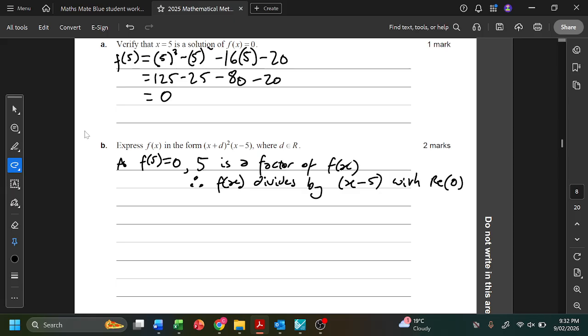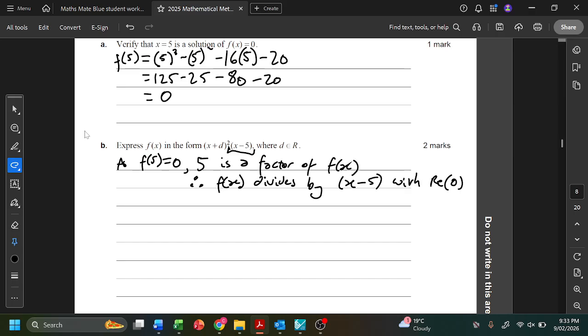So why is it x minus 5? Well, if we think about this x minus 5 factor, if I was to substitute in 5 here, we're going to get out an output of 5 minus 5 for this particular linear thing. And if we multiply by that, that's 0. We multiply by 0, we get 0. We can also see that that's a factor because it's being written for us here.